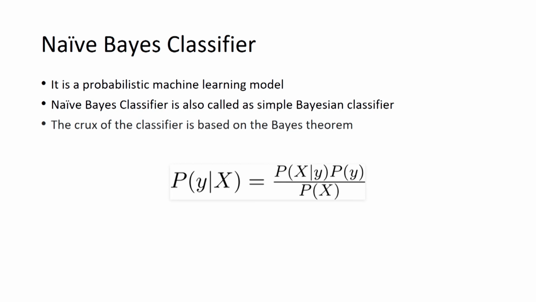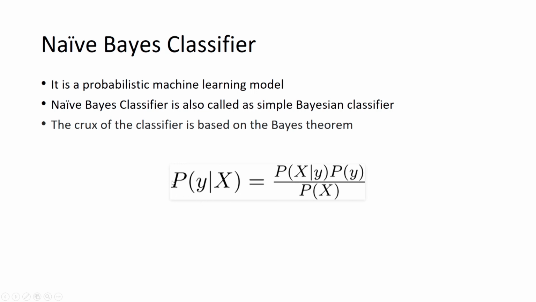Bayes theorem is: probability of y given x is equal to probability of x given y into probability of y upon probability of x. What does it mean? We are saying probability of y given x. We already know that x is the case, so what is the probability of y?